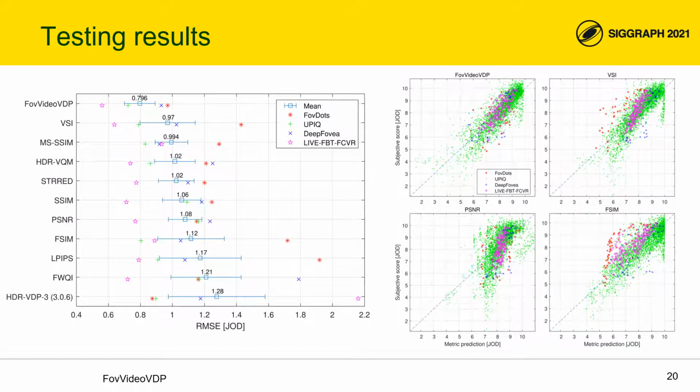The testing results show that our metric outperforms by a good margin the second best metric, which was VSI. The existing foveated metric FWQI did not perform very well and was outperformed by existing video and image quality metrics. The scatter plots on the right show how well metric predictions, which are shown on the x-axis, correspond to the subjective scores, which are shown on the y-axis.